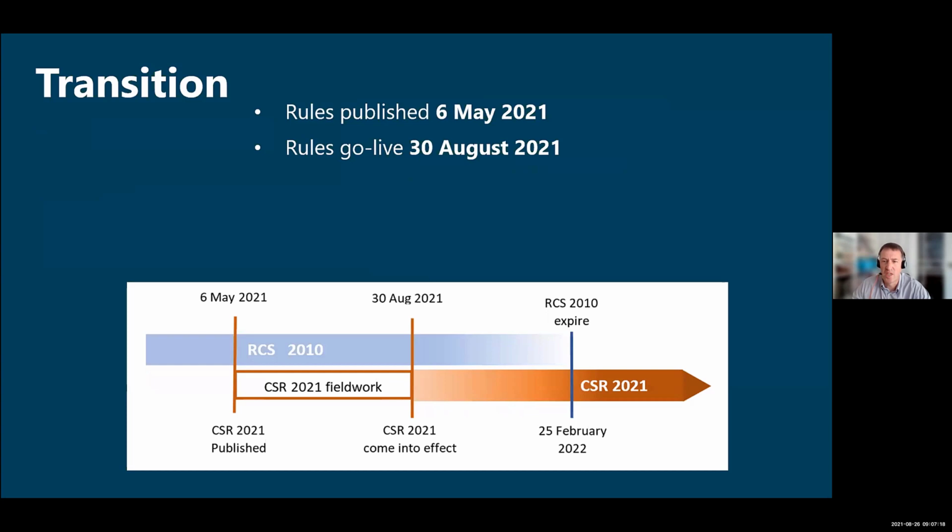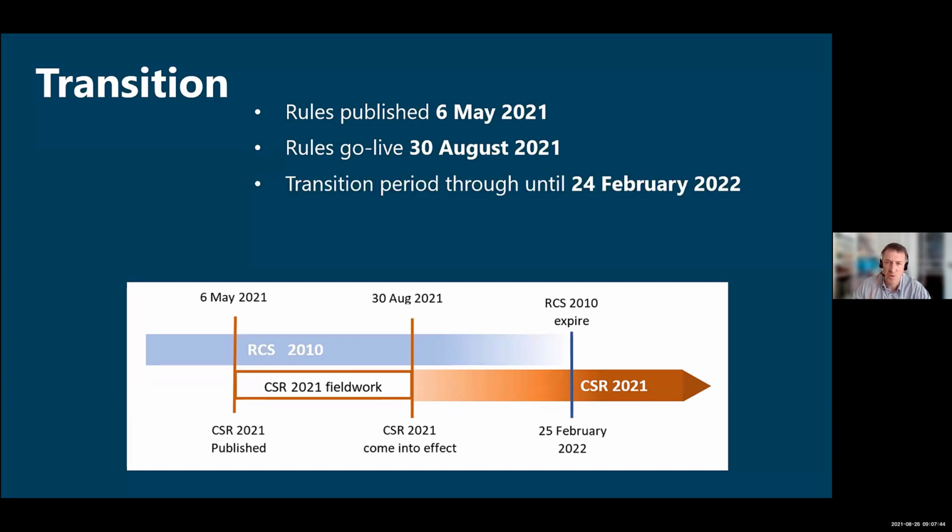So the transitional arrangements, and they are quite different than what we've done for previous rules. The go-live date for the Cadastral Survey Rules 2021 and supporting Landonline release is Monday, the 30th of August. So from this date, you can capture and certify CSDs in Landonline using the Cadastral Survey Rules 2021.